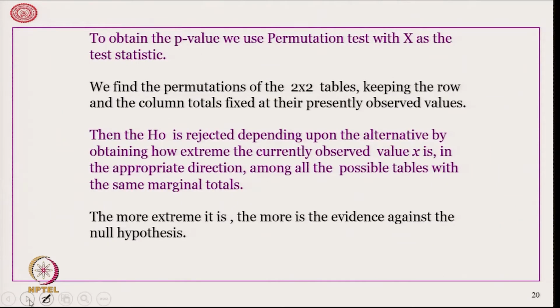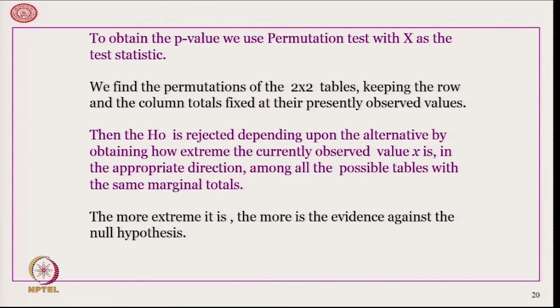To obtain the p value, we use a permutation test with x as the test statistic. We find the permutations of the 2 cross 2 tables, keeping the row and column totals fixed at their presently observed values. That means, whatever value is given to us for x plus y, that will be kept fixed, and we interchange x and y observations among themselves, keeping m, n and x plus y fixed.